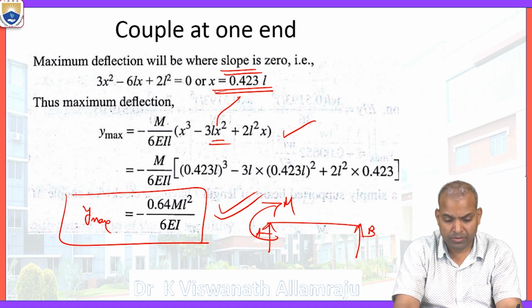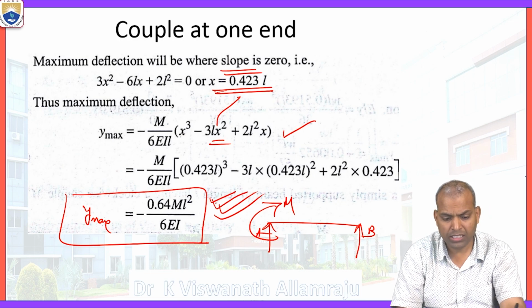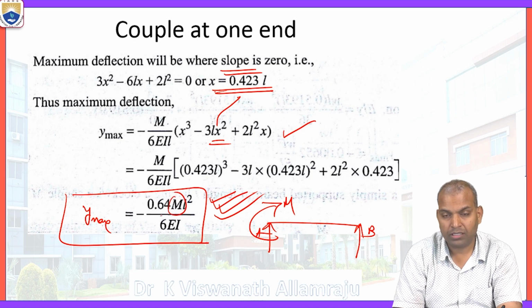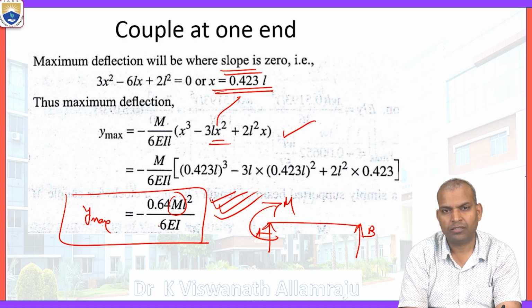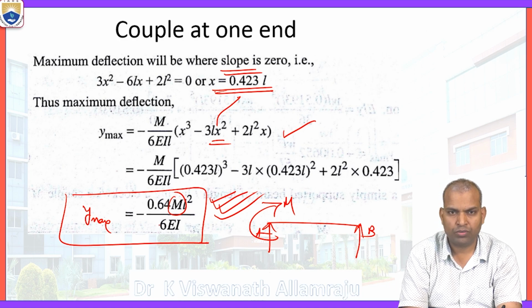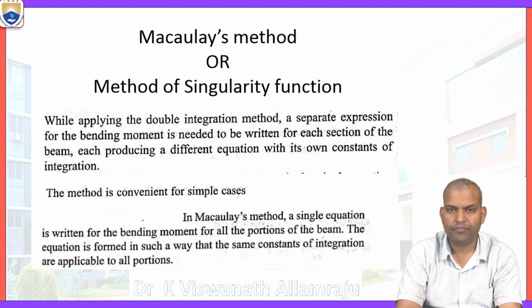In the case of maximum deflection, it is 0.64 times ml square by 6EI. This M is the couple. So by looking at these equations, we can know a couple is acting on the beam, and no UDL or concentrated load is acting on the beam. So here that is couple at one end.